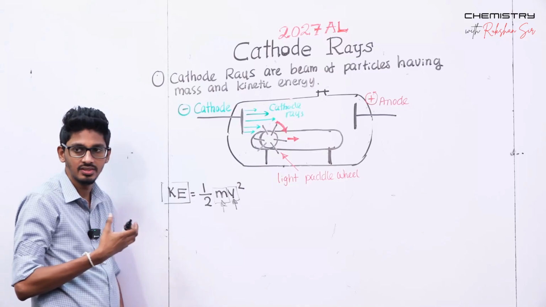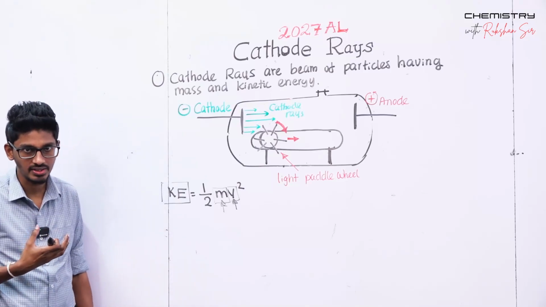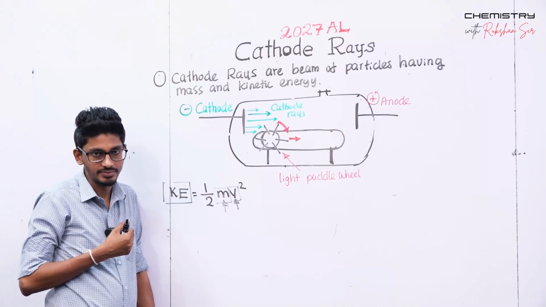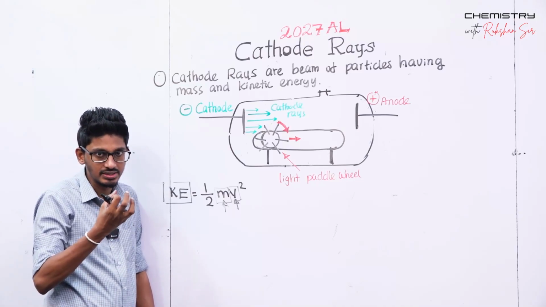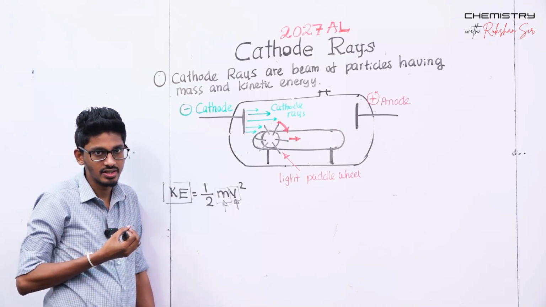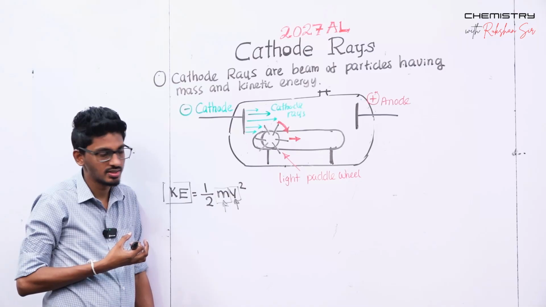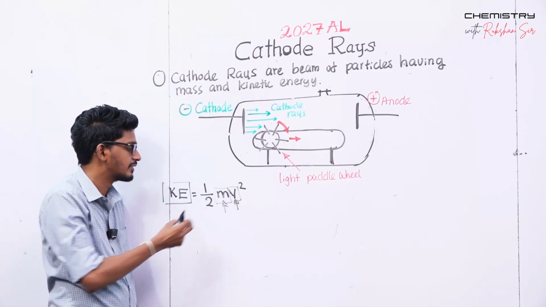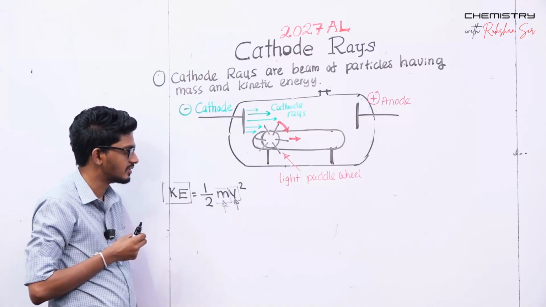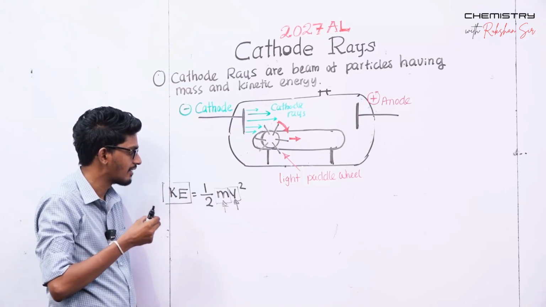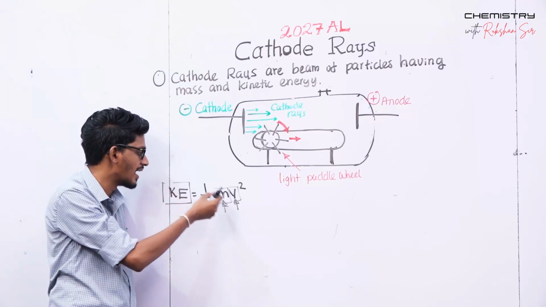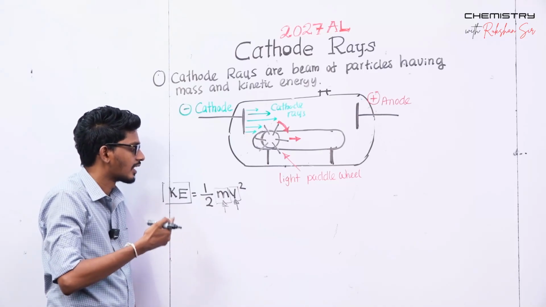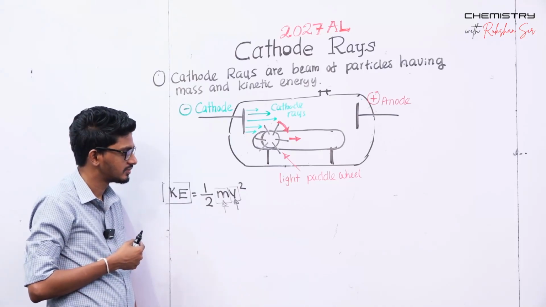Having a mass means you are with a particle property. Mass, a touchable situation, right? It's a particle property. So cathode rays are particles with mass and kinetic energy. To have kinetic energy, as we need a mass and a velocity, one can say cathode rays have some momentum as well.